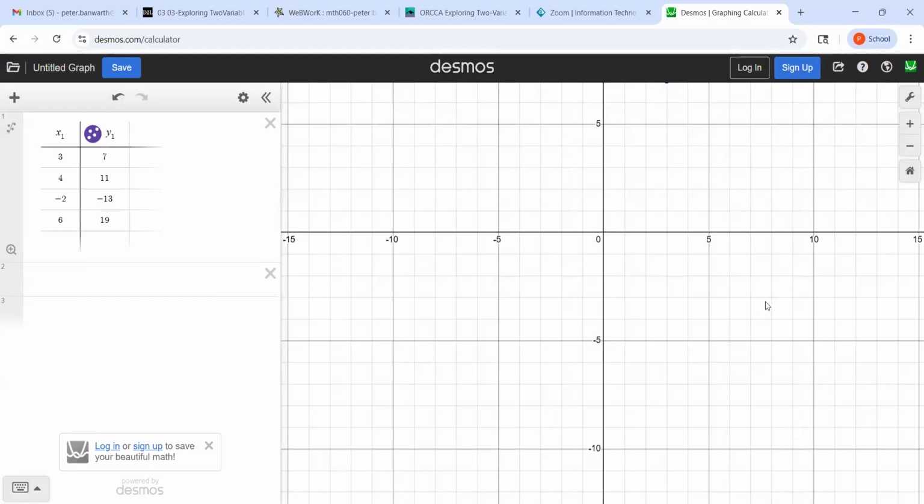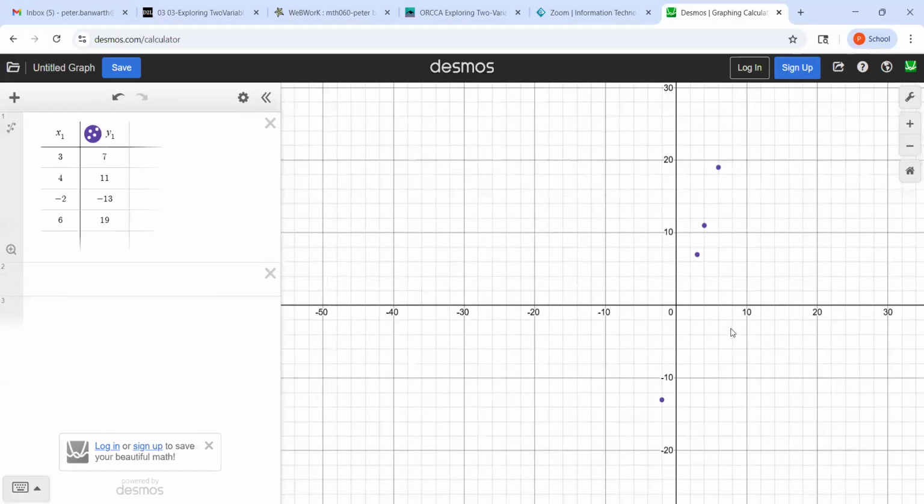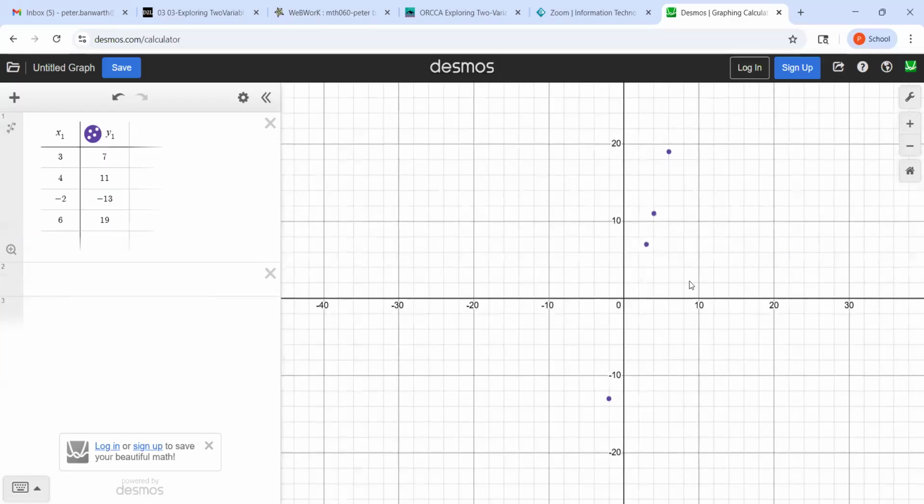Now we can't see any on here yet, but what you can do is zoom out. And if you zoom out, then you say, aha, yes, maybe that is on a straight line. It looks like it, but again, it's hard to tell because they're just 4 dots and they're pretty far apart. But there's a really nice, easy way to figure out if they're exactly on a line. There's this little option over here to the left called add regression. It will plot a line that fits your data as best as possible.